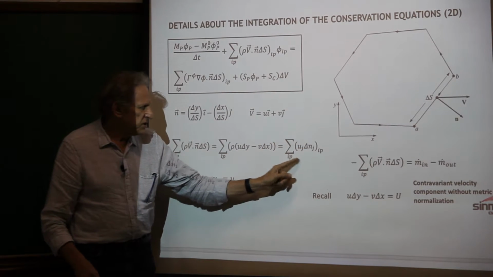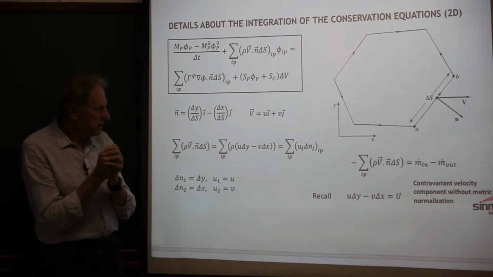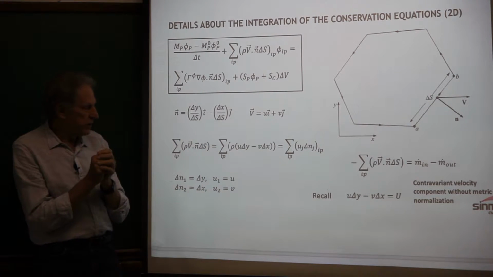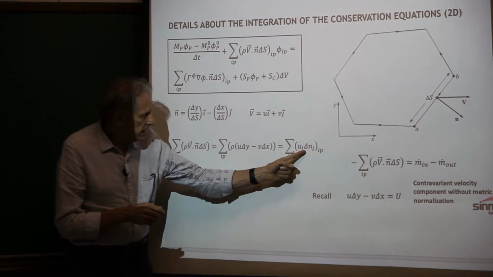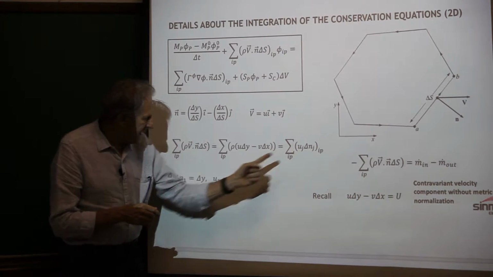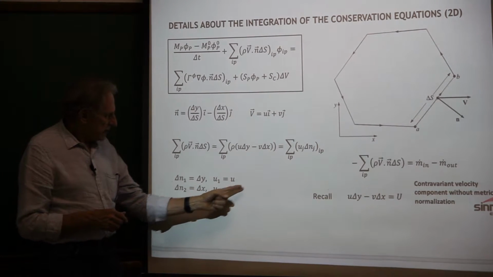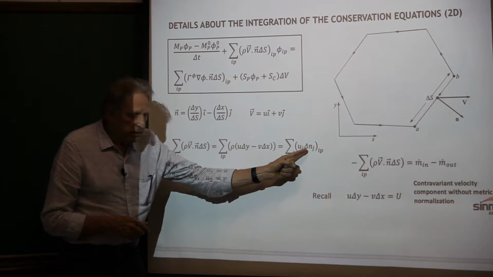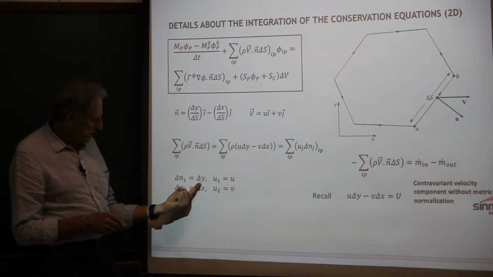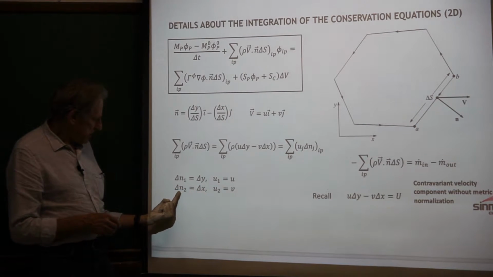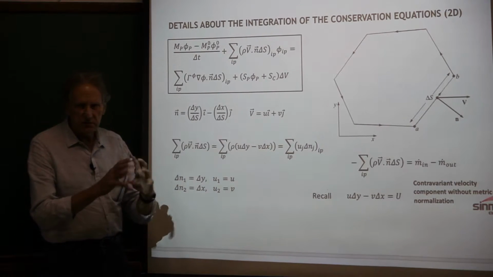This is some kind of a notation that is just to compact the writing of the equation, which says that u1 is u, u2 is v, delta n1 is delta y, delta n2 is delta x. So reproduce this equation, just a notation.